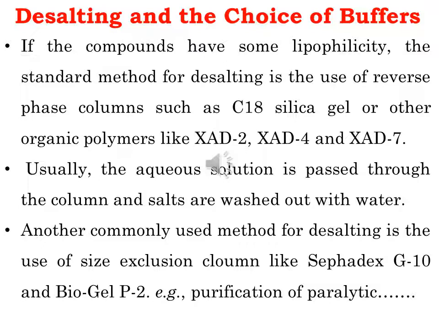Another commonly used method for desalting is the use of size exclusion columns such as Sephadex G10 and Biogel P2. Inorganic ions are presumed to be smallest in the mixture and hence their elution should be expected to be retarded the most.